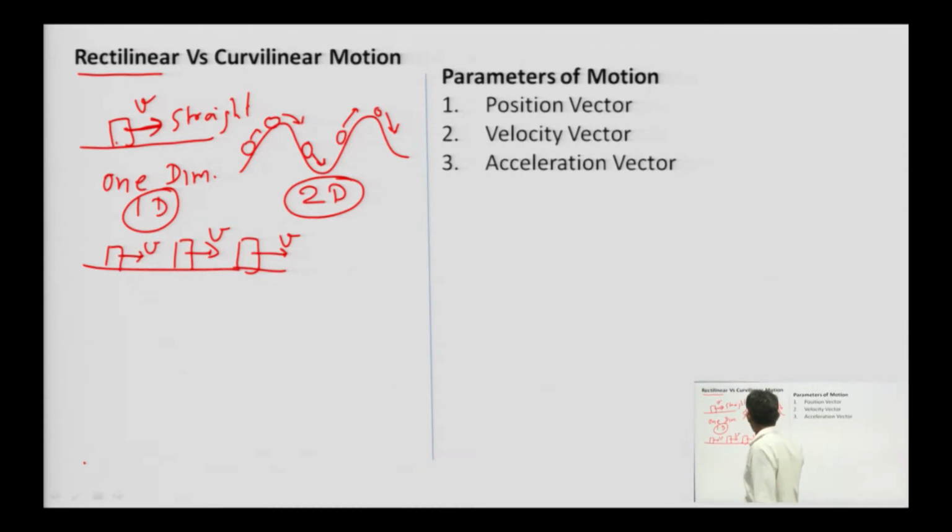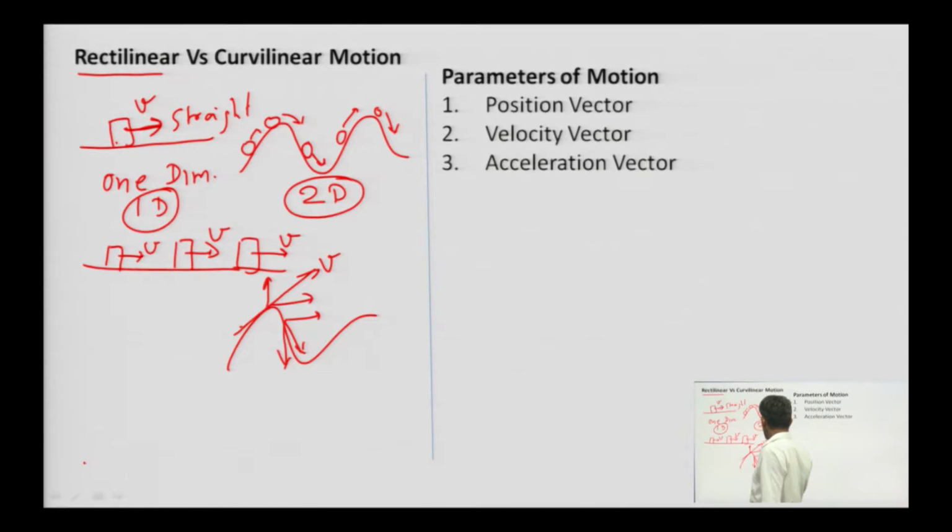But in this case, at every point, if this is the trajectory, the path followed by the particle, then at this point this is the tangent, at this point this is the tangent, and at this point this is the tangent. So, here two components of velocity are there.